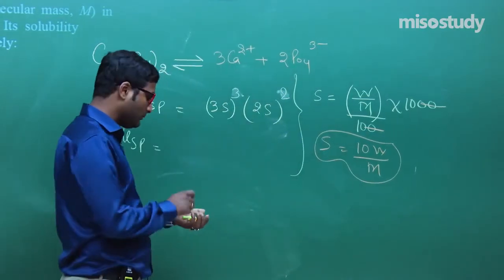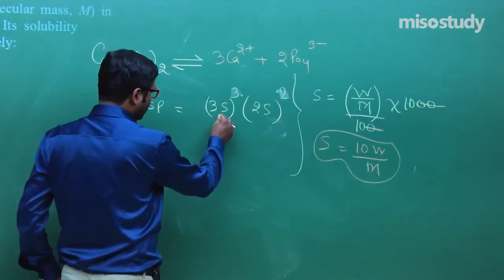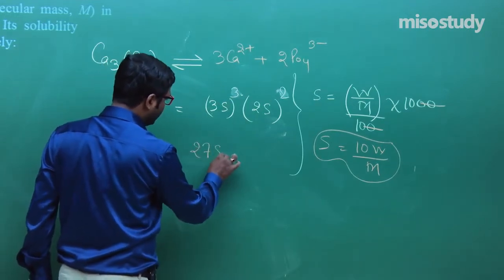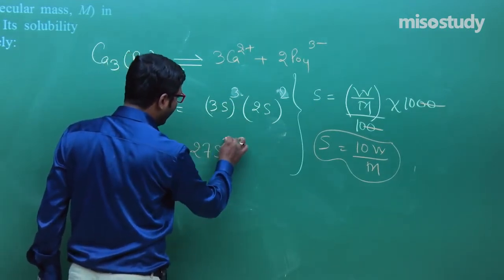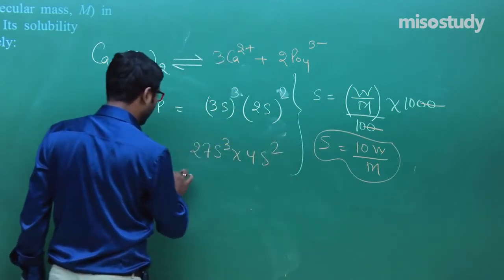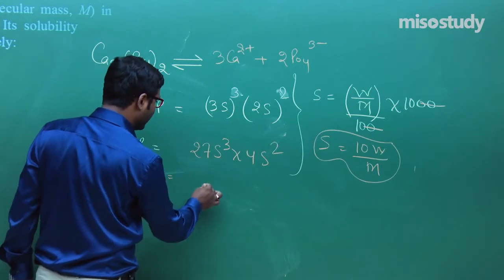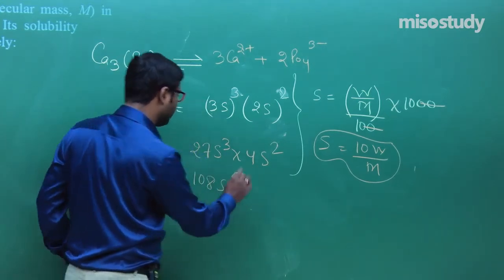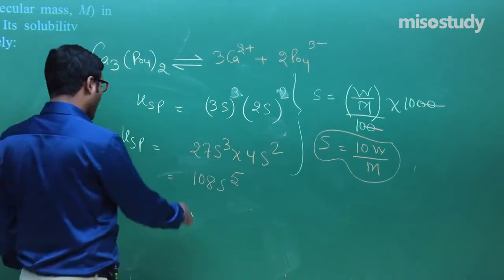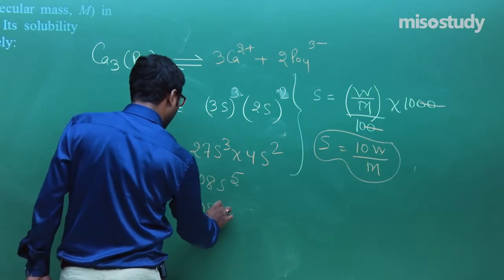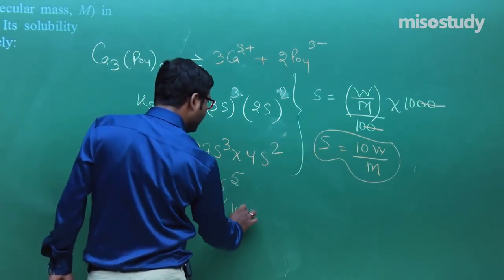This is the value of solubility. Now 3 into 3, 27, 3 into 3 into 3, 27S cube into 4S square, that is 27 into 4, 108 S5. Clear? Now Ksp is equal to 108 S5. What is the value of S?